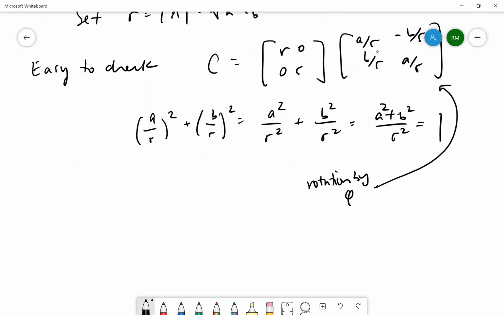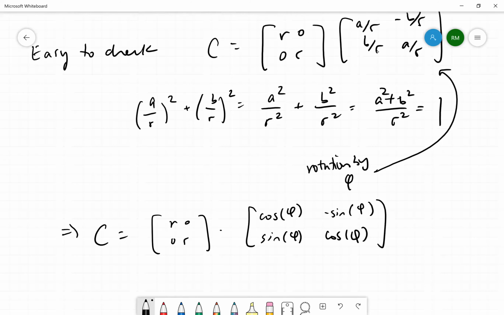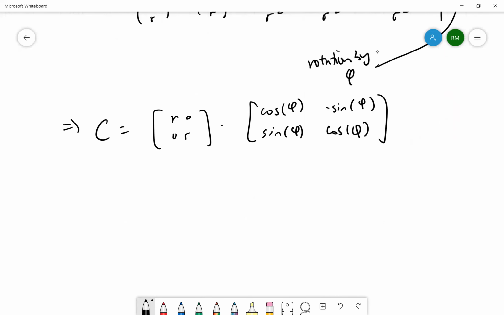So what this is telling us is that our matrix C is equal to this scaling part times some rotational part. So let's take a look at the complex number.